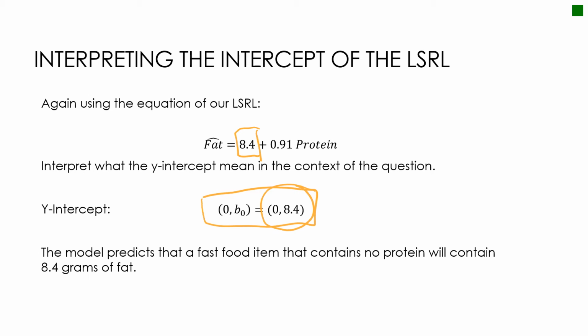And so in this case, that's (0, 8.4). So when you interpret it, it's best to interpret it talking about the fact that there's 0 of something. So the model predicts that a fast food item that contains no protein, so this is my 0 x's, will contain 8.4 grams of fat. This is my y-intercept and y label.